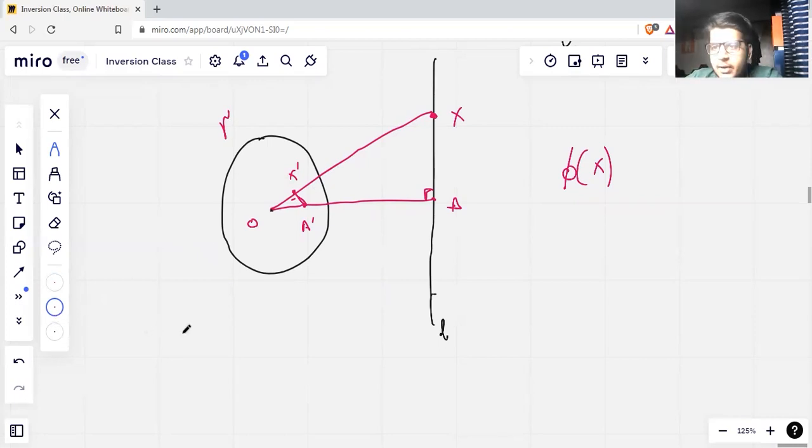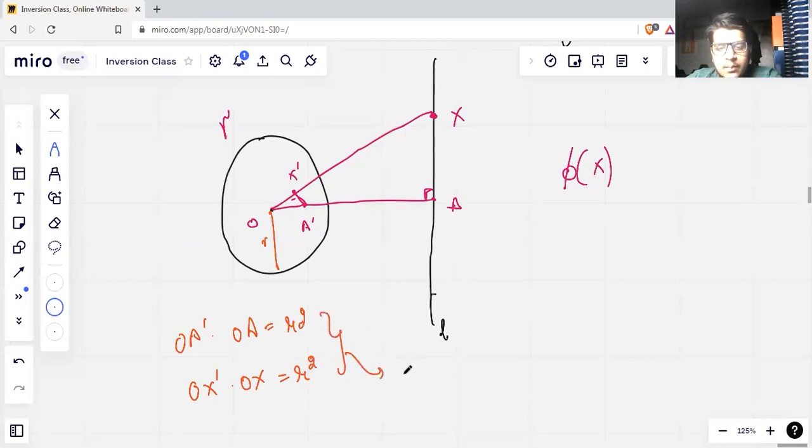By definition of inversion, OA dash into OA equals R square, where R is the radius, right? And since X dash is also the inverse of X, OX dash into OX should also be R square, right? So these two things are equal: OA into OA dash equals OX into OX dash.